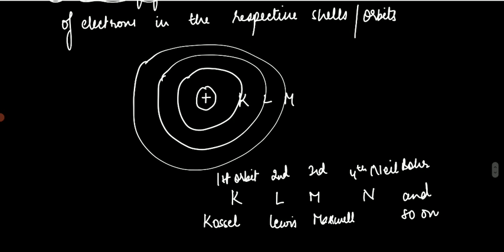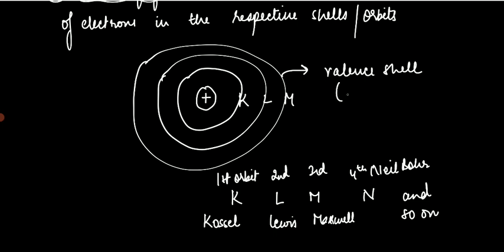Now, one more terminology which is very important over here is the term valence shell. So I'm considering over here inside an atom that this third shell is a valence shell. Every atom will have a different valence shell depending upon the number of electrons. That we'll understand in a minute.